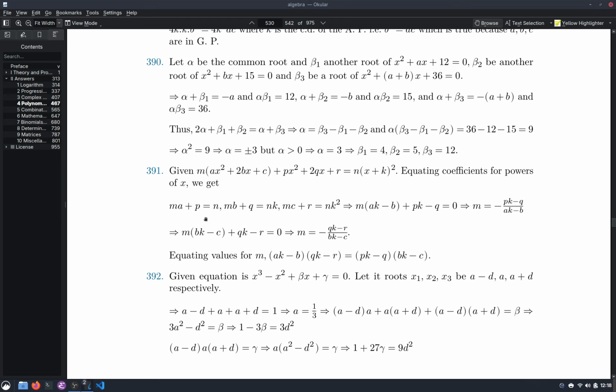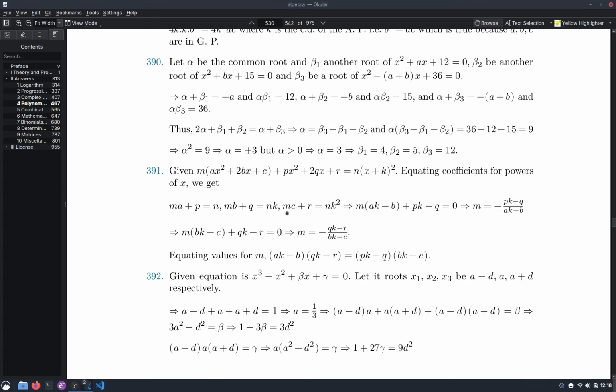Now, from all these conditions, we see that m into ak minus b plus pk minus q is equal to 0. Okay, so how did we arrive at this? So it should be m into ak minus b is what is given.